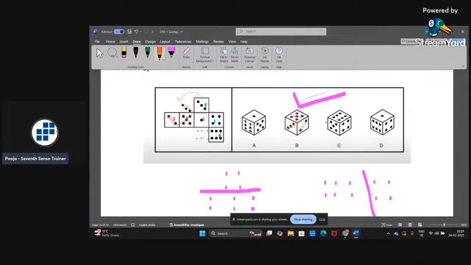I'll tell why these three are not the right options. See, look here, 1, 5, 6. When we fold, this is not the possible way we're going to get. So this is not the option. Look at this. Okay, look at C. Here, when you were folding, these two will be connected.